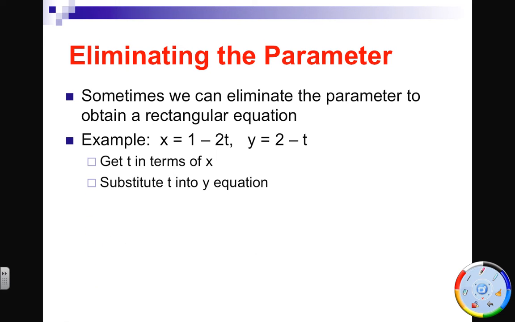So what we're going to do here is we're going to look at first this. We're going to say, let's get t in terms of x. So I can say 2t is equal to 1 minus x, and therefore t is 1/2 minus 1/2 x.